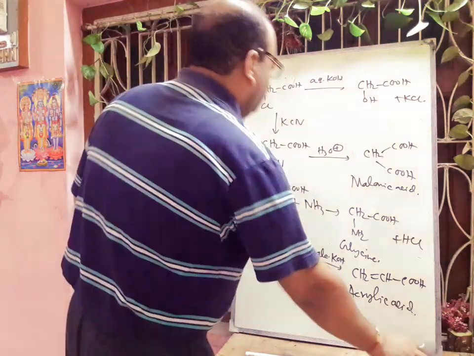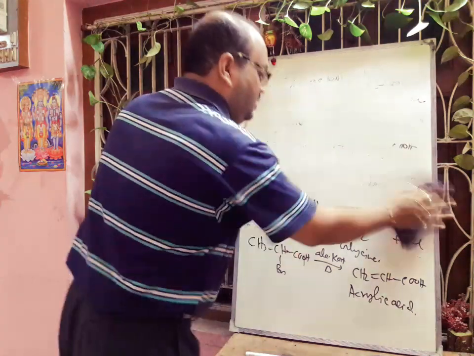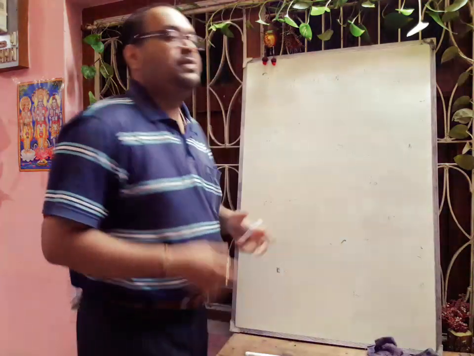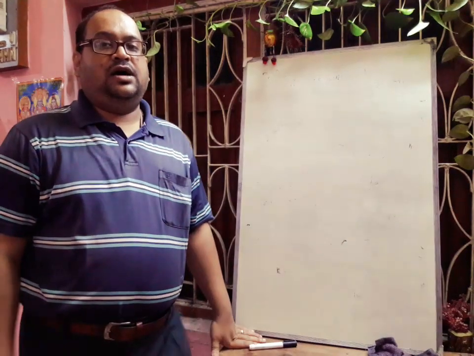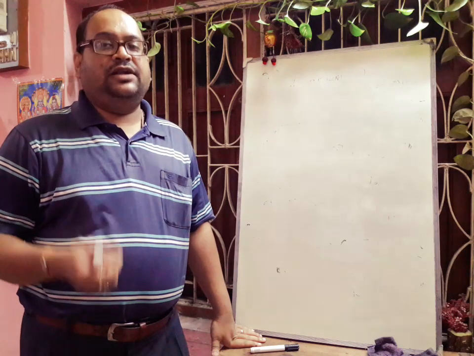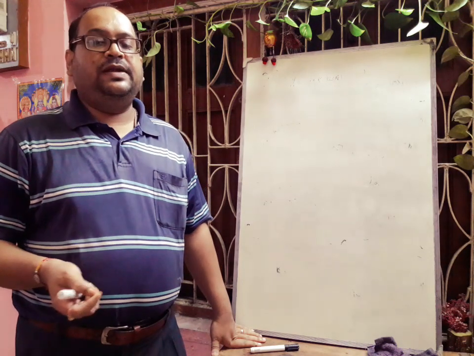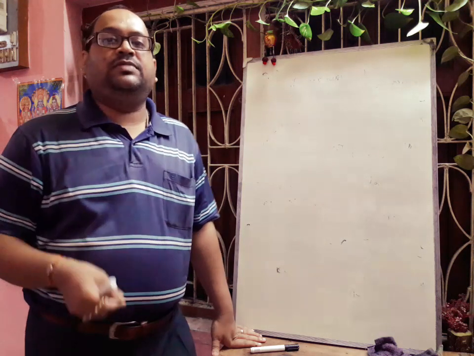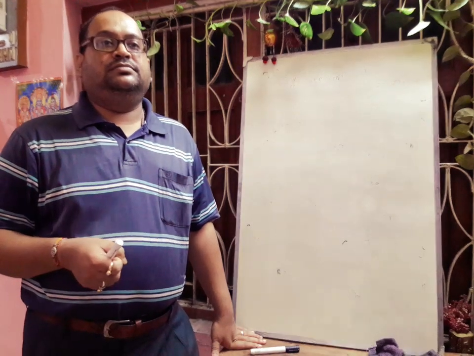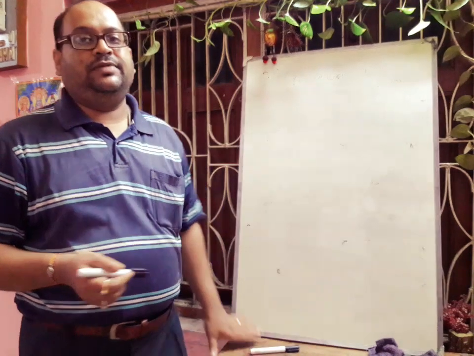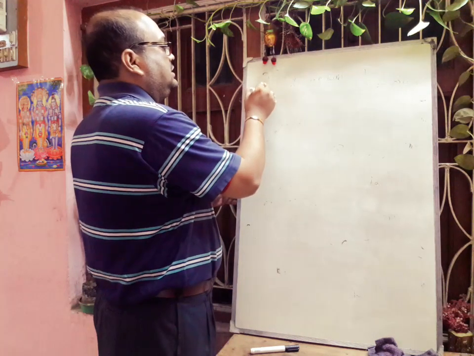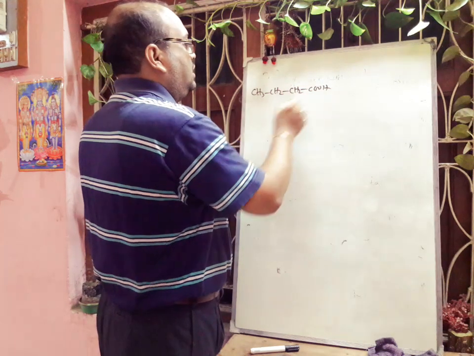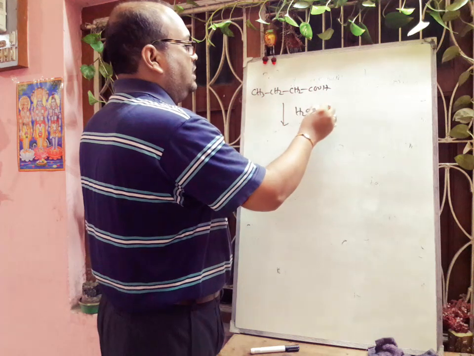Next we will discuss oxidation. If we take butyric acid and add hydrogen peroxide, it will oxidize the carboxylic acid and there will be formation of beta hydroxy butyric acid. So the reaction will be CH3CH2CH2COOH, and here we are giving hydrogen peroxide as the oxidizing agent.